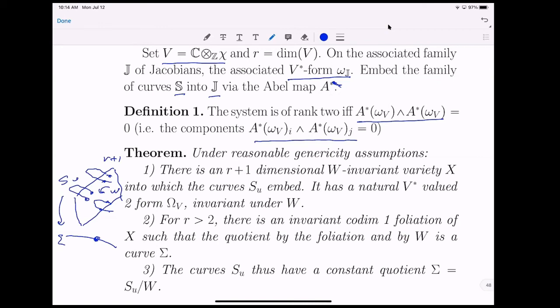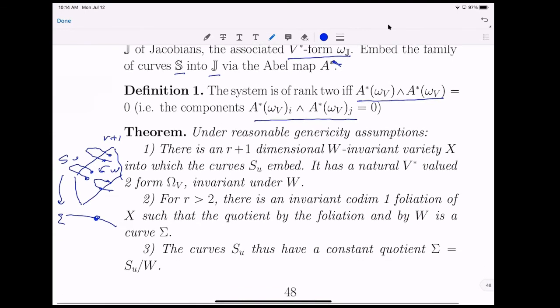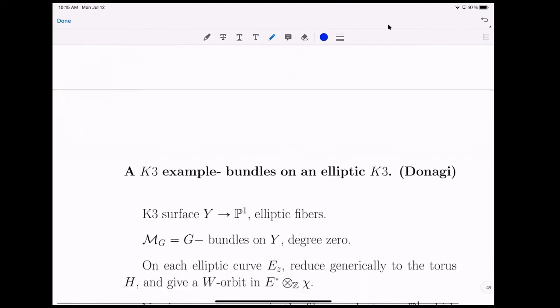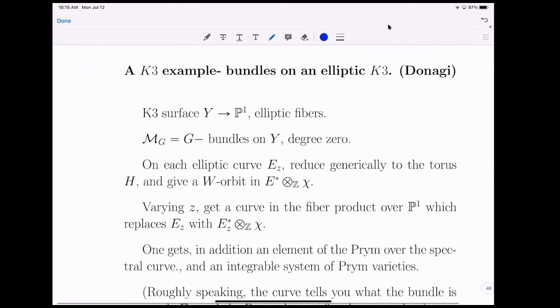And so you're not only rebuilding the geometry of a surface, but you're building, well, here it's an R+1 dimensional variety, but you're building the projection. And the constraints on these genericity assumptions are actually quite mild, so it's a bit of a surprise. And basically this was Markman's insight.